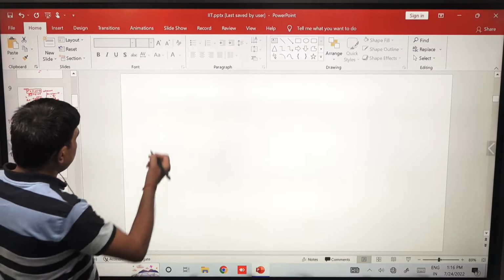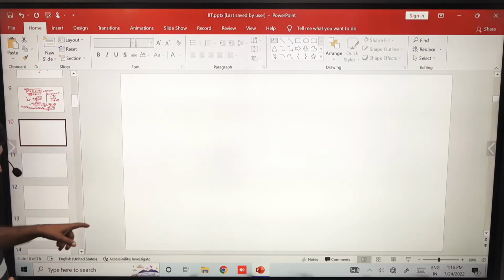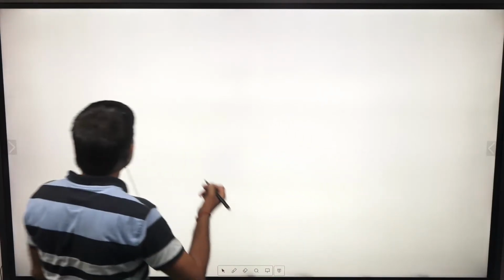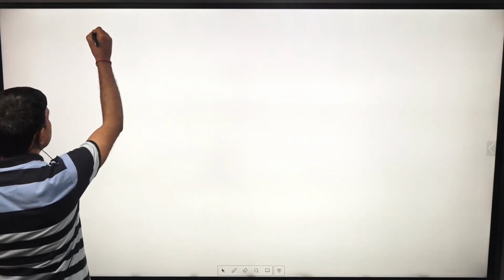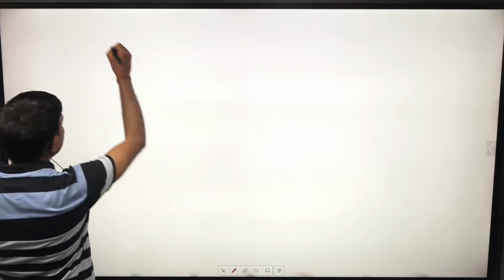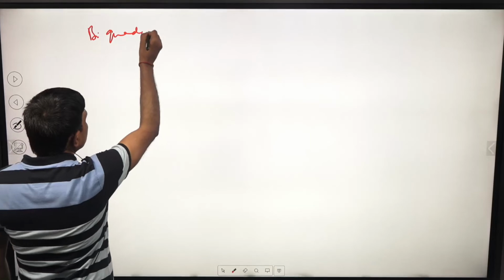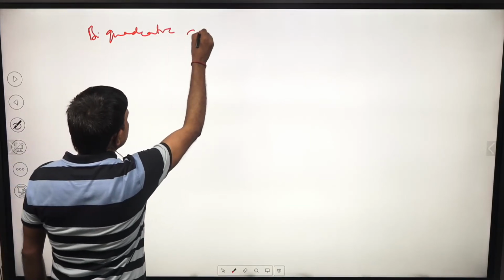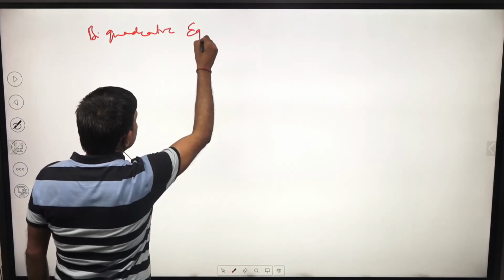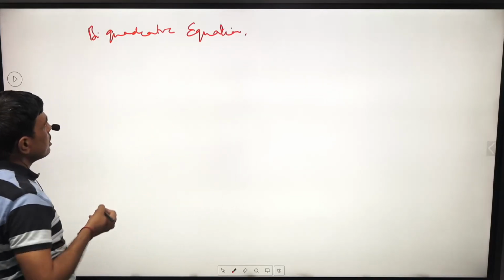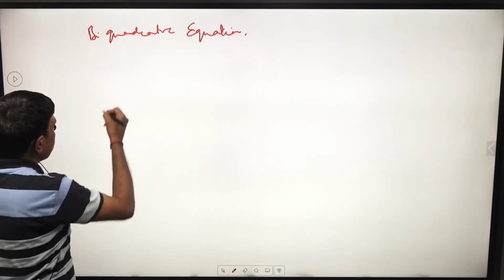Okay, fourth degree equation, quartic equation. The standard form of the quartic: we generalize this.